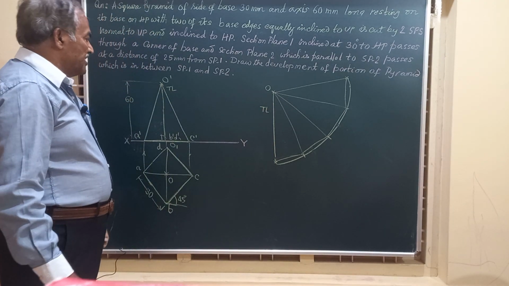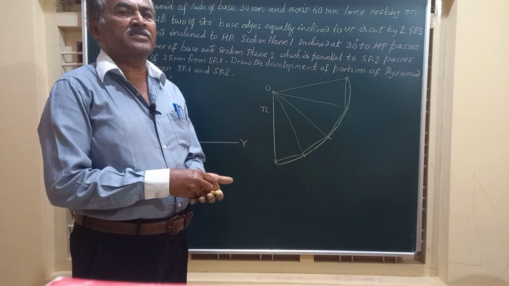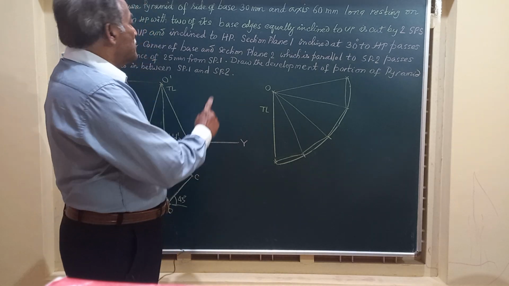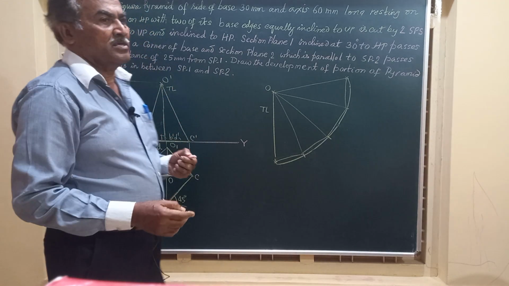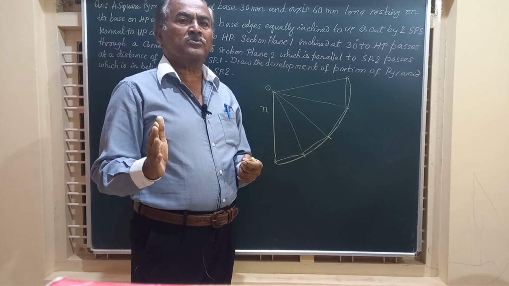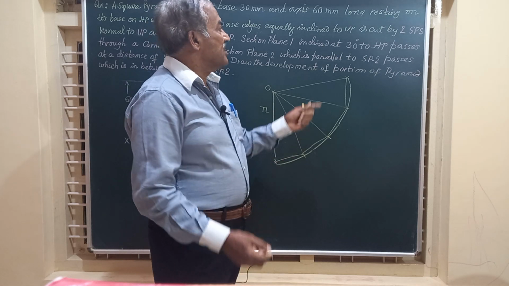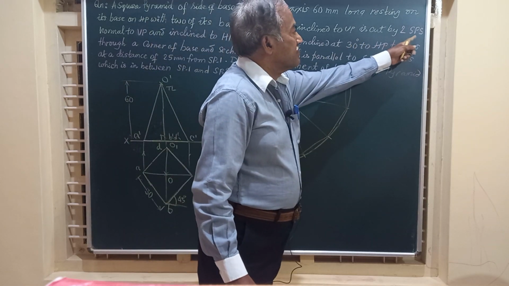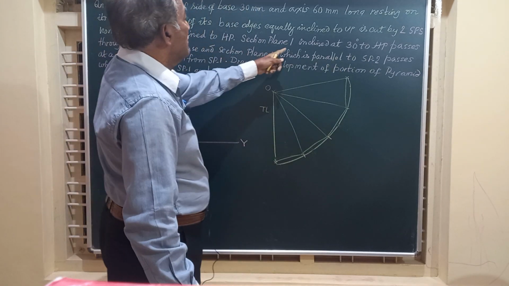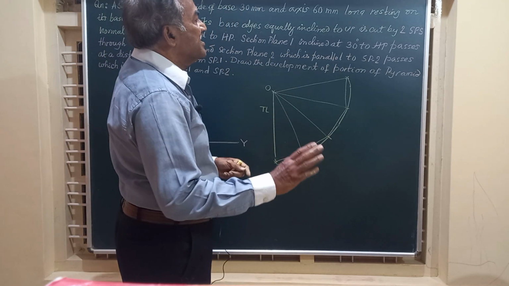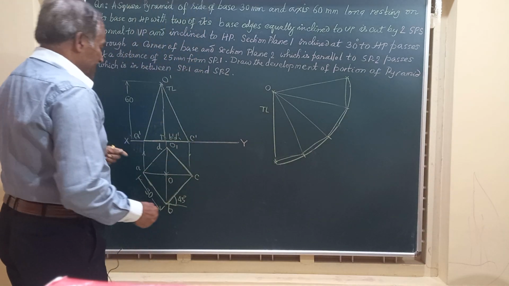Now friends, let us mark the section planes and see how they are cutting the pyramid. There are two section planes, both being normal to VP. So very obviously, these two section planes are seen as lines in the front view. It is cut by two SPs. SP means section plane. One section plane is inclined at 30 degrees to HP and passes through a corner of the base.